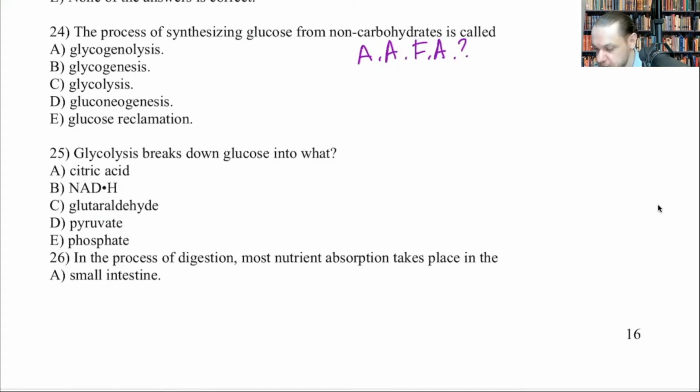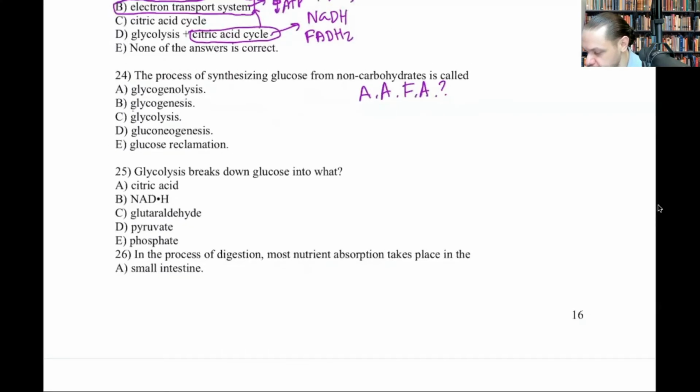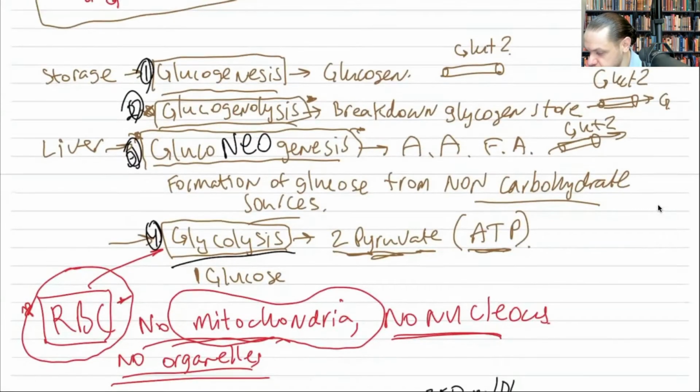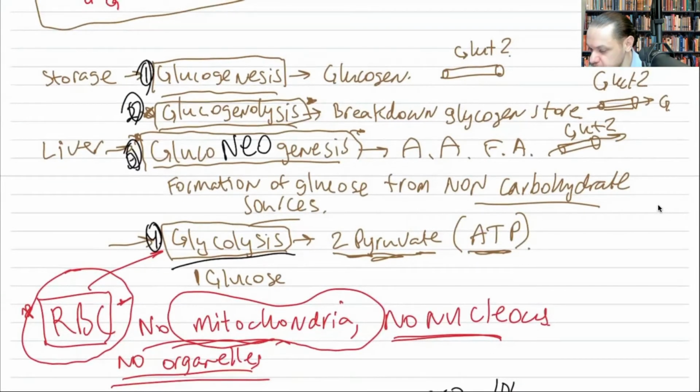So glycogenesis, this is where you store glucose. This is storage. Remember, I was explaining it here. And let me go back to that. So in glycogenesis, you take glucose and you store it in the form of glycogen.